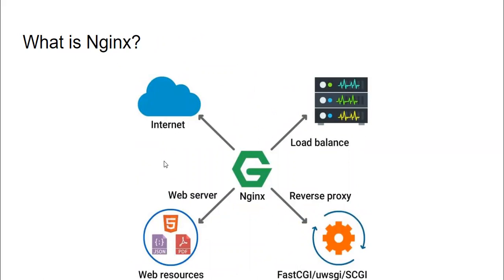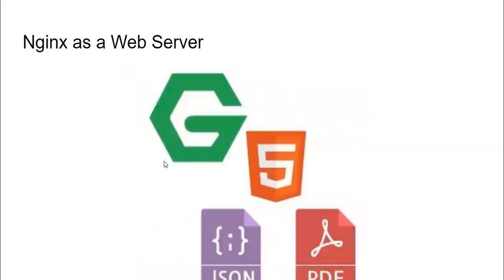So what is Nginx? It is an open source web server or a reverse proxy server. It can also be utilized for server load balancing and HTTP cache. Now let's talk about Nginx as a web server. The Nginx server processes the HTTP request and sends back the HTTP response to the client.